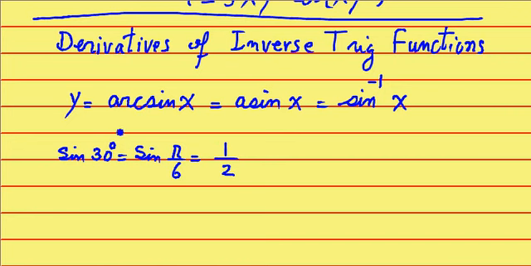Sometimes you want to go in reverse. That is, you know the sine, and you want to know the angle that had that sine value. So you might write: sine inverse of 1/2 is equal to, say, 30 degrees, or pi/6 radians, and so on. These two statements mean the same thing.